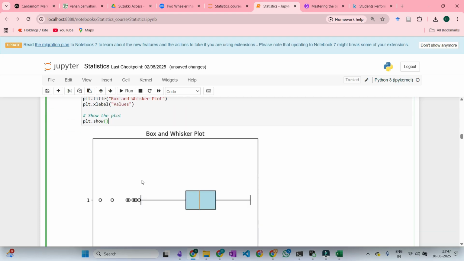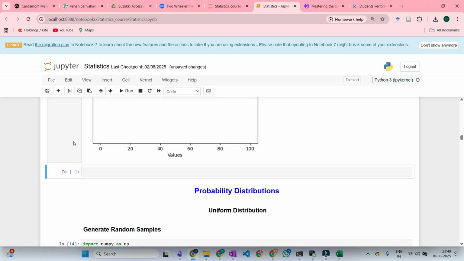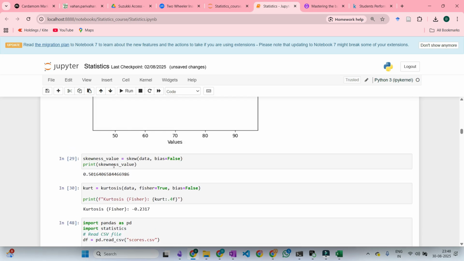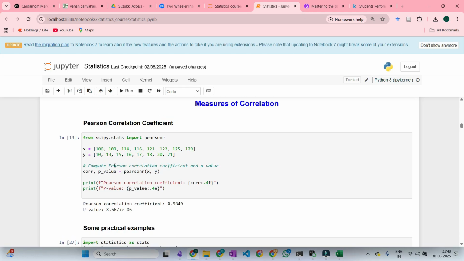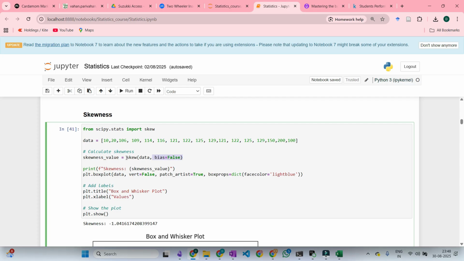Now let us find the skewness also, right? So this is the formula for the skewness.